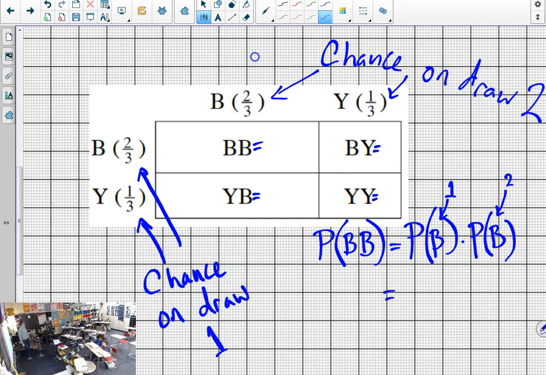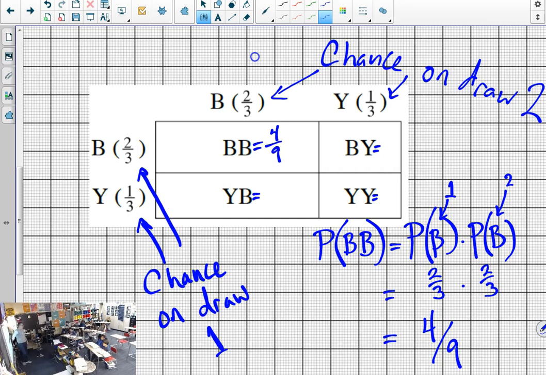The probability doesn't change because we put the block back. Right, so we had 2/3 times 2/3. You go straight across the top, straight across the bottom. So, we got that this is 4/9.